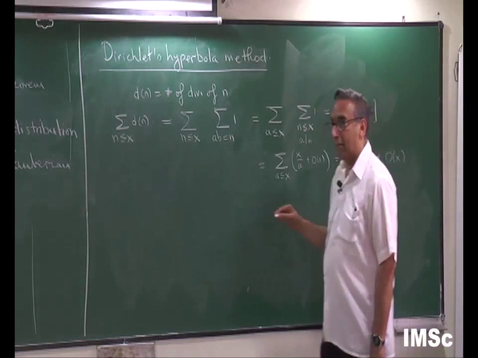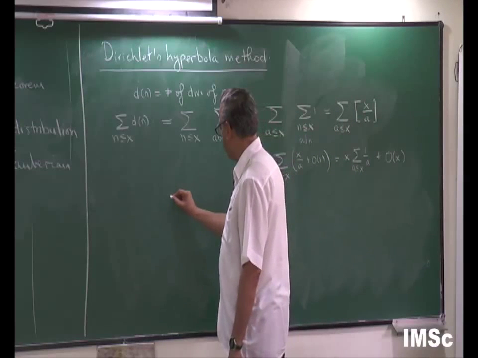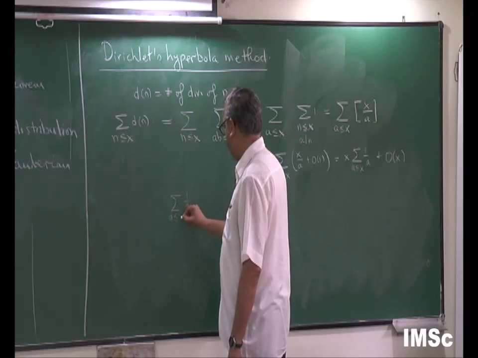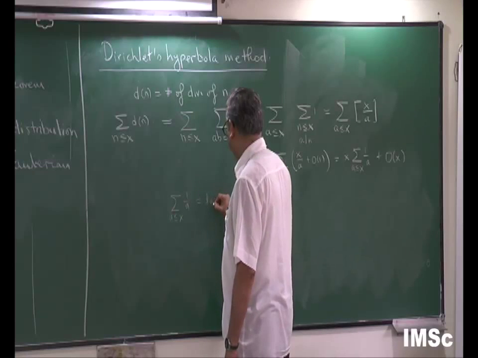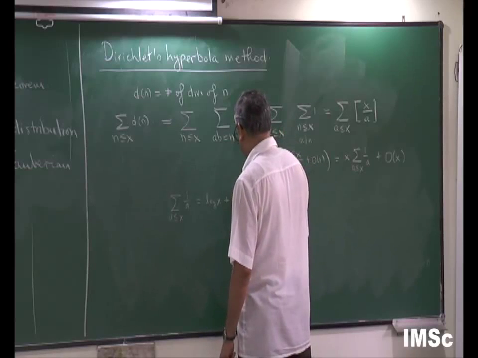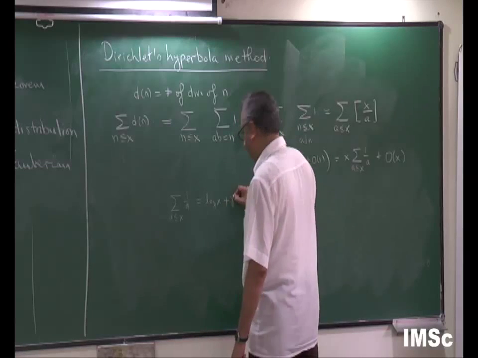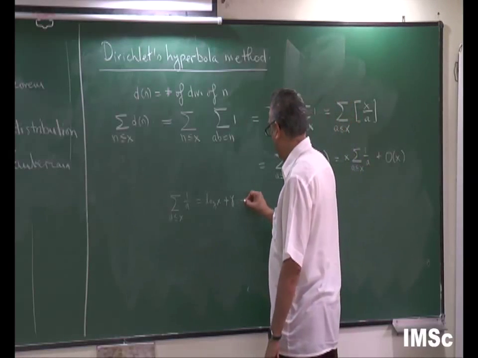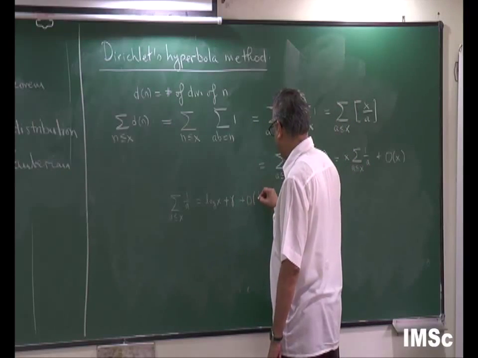And we saw by Abel summation, partial summation, that the summation of 1 over a, a less than x, is equal to log x plus, well, I told you about this, Euler's constant gamma, right? Plus O of 1 over x. Remember we did this, right?